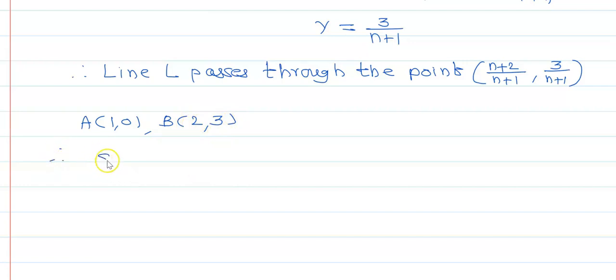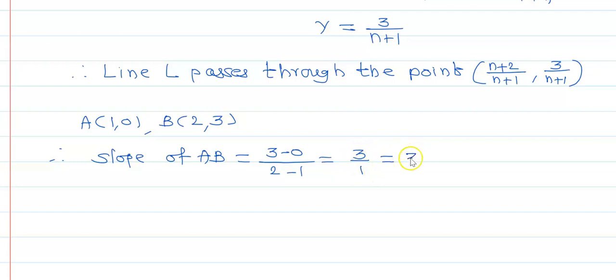Therefore slope of AB is equal to the difference of y coordinates, that is (3 minus 0) upon (2 minus 1), that is 3 upon 1, which is equal to 3.